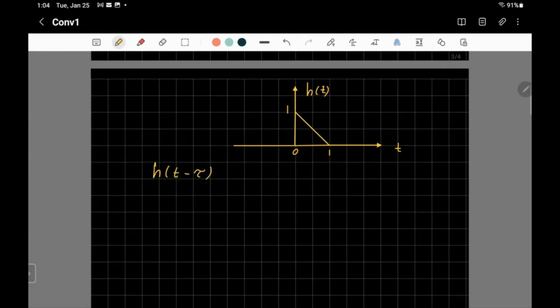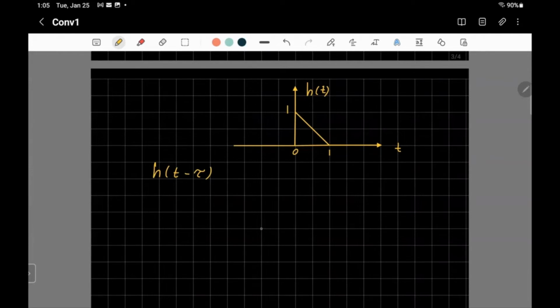Because I'm going to change the variables from t to tau. So now t, I am not going to consider as a variable. I have a new variable called tau. Tau is going to express the general time, and the small letter t will be a fixed number. It could be 1, 2, 3, minus 4. So to do that, the first thing is to express h of t as h of tau.